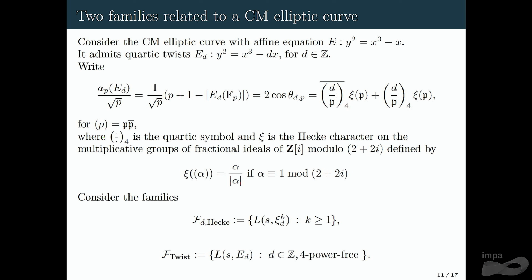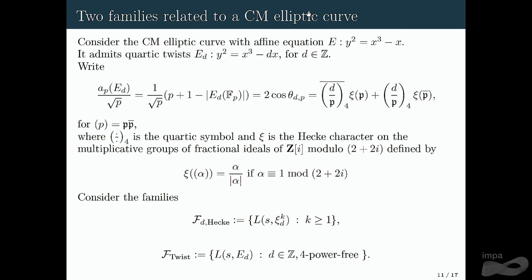It happens that because it is a CM elliptic curve, this angle can be encoded by a Hecke character, and this one is defined over Z[i].